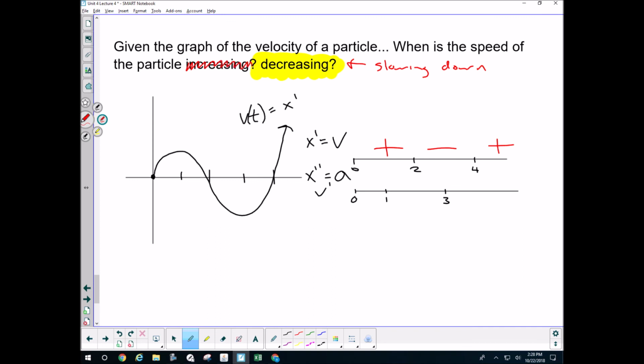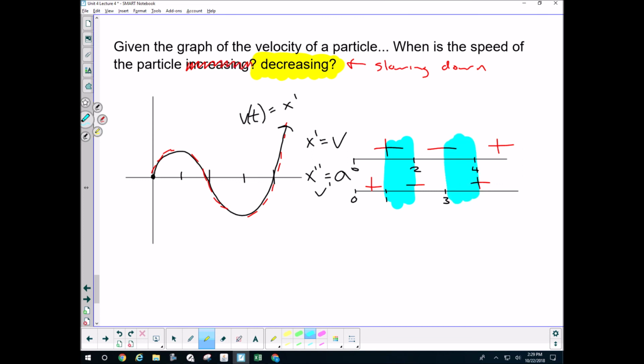Okay? The slopes of V are 0 at 1 and at 3. So I plot 1 and 3 down. The slopes of V, which gives us values of A, are positive until 1. Negative from 1 to 3. Positive after 3. When is speed decreasing? Speed is decreasing when the arrows are going in opposite directions.